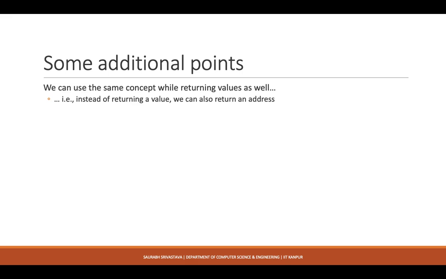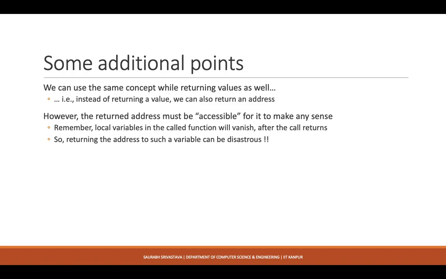So you can also, for example, choose to return an address instead of returning a value. The major thing that you should keep in mind when you are trying to return an address is that that address is actually accessible to the calling function, because you all know that whenever you create a local variable, its scope is still the particular function in which it was created.